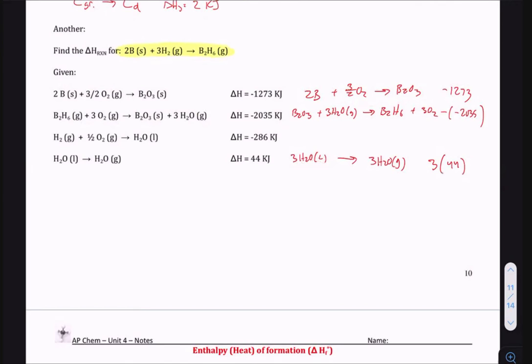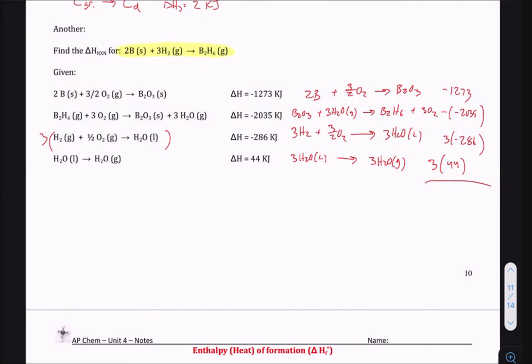So that means I need liquid water to be on the product side, which it is, but not in the correct proportions. So that means this has to be multiplied by 3 as well. So we're going to have 3H2 plus 3 halves O2 to form 3 water in liquid form. And so the delta H will be 3 times negative 286.